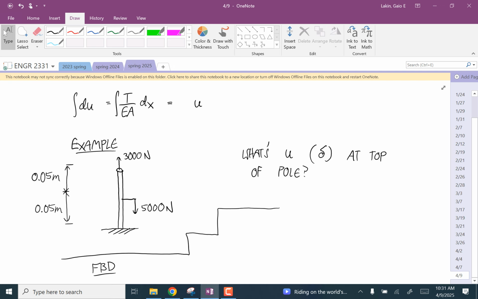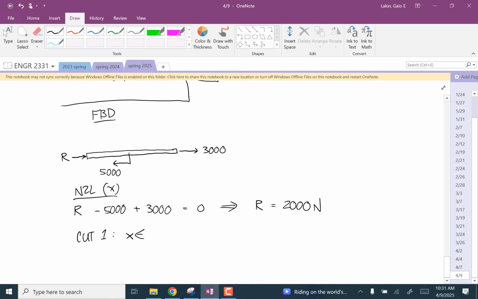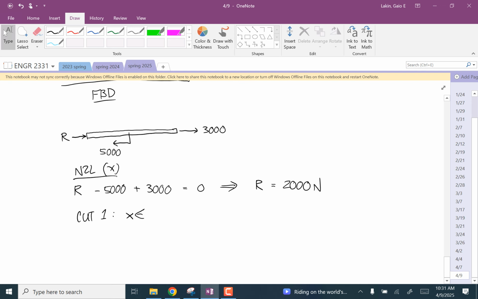And I need to give some dimensions here too. Let's say that the Young's modulus is 100 times 10 to the 9 pascals. And let's say that the cross-sectional area is 0.01 meters squared. Okay, so our first cut is for 0 to 0.5.